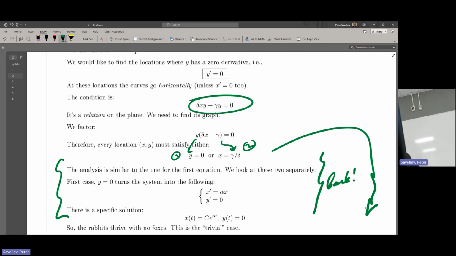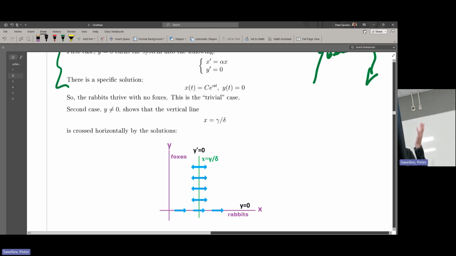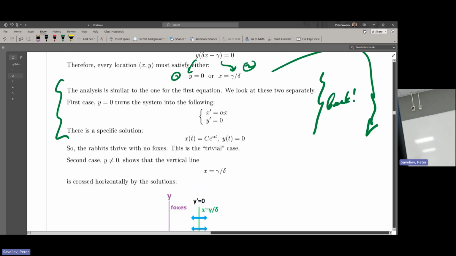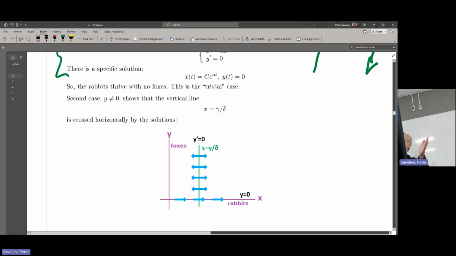So once again, is it helpful? Maybe not, but we are collecting data little by little, and that's what we have collected from the second part of the analysis: there's a vertical line now, x is gamma over delta, and that line separates different types of behavior of foxes, decline or increase. It depends on the rabbits.